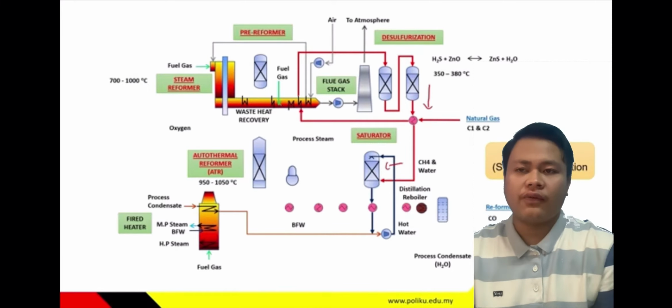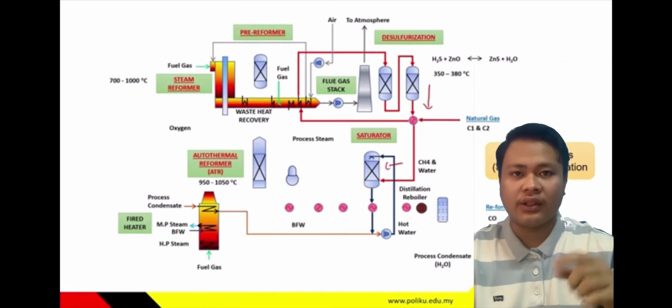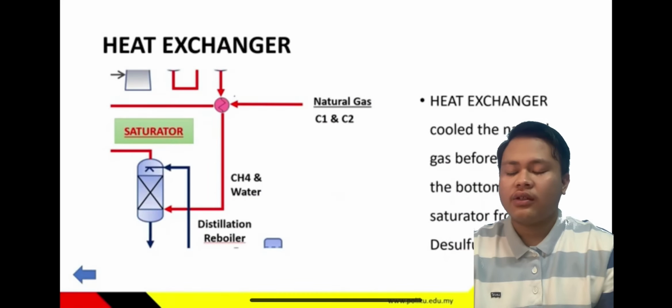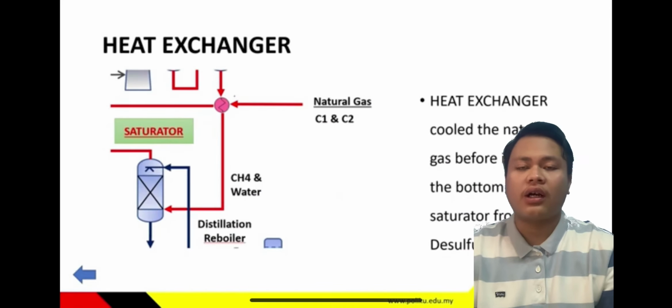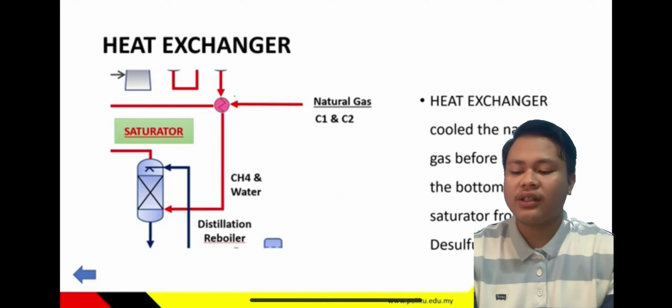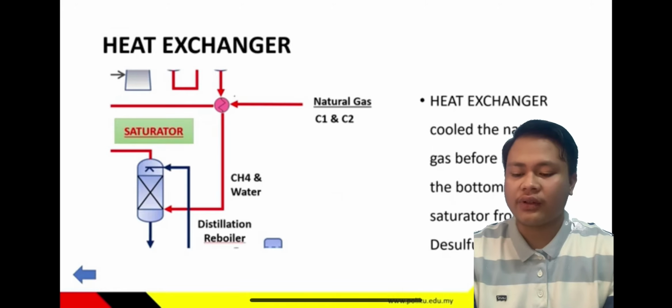Between the desulphurization and the saturator there is a heat exchanger. The exchanger's job is to cool down our natural gas from the desulphurizer. So we cool back the gas. Usually the content is methane and also water after the reaction at the desulphurizer.